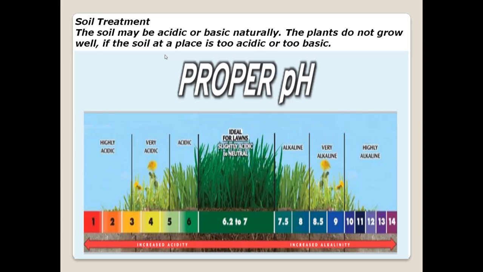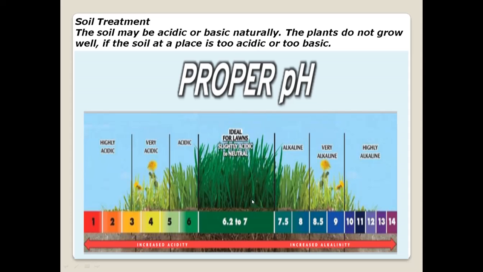Let us now learn about soil treatment. The soil may be acidic or basic naturally. Here you can see in this image, if the soil is in the range of pH 6.2 to 7, the plants will grow very well. Too much acidity in soil is not good for the plant, and too much alkalinity or basicity is also not good for the plant.